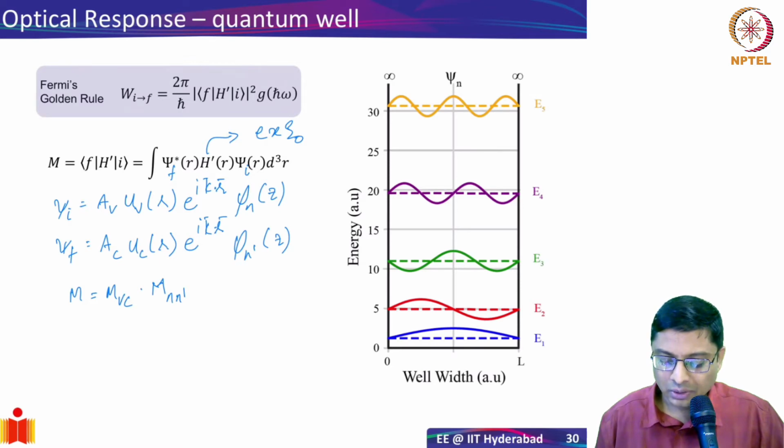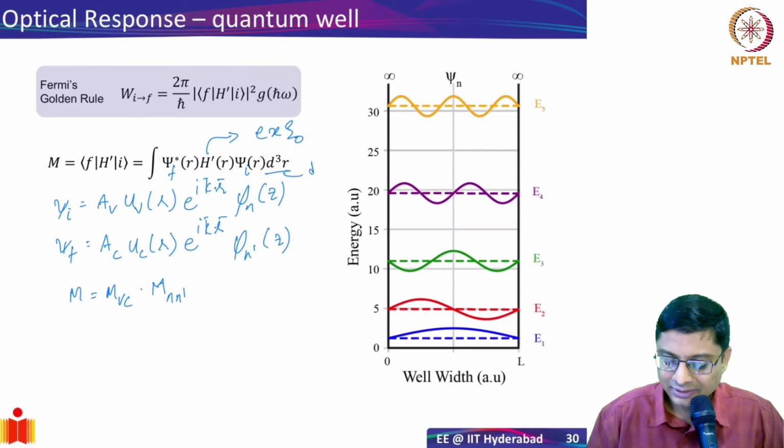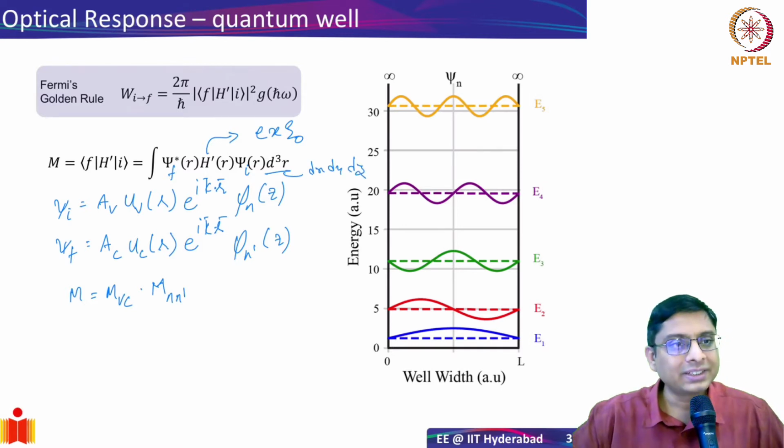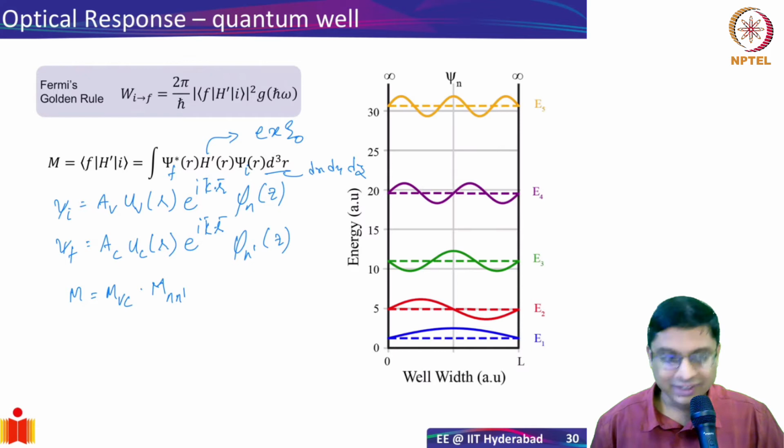Okay. So now my confinement is in the Z direction. And if you put this in, basically this is d cubed q, which means this is basically dx, dy, dz, right? So now I can split the integral into two parts. One is my first, valence to conduction band, which is going to be, let's say, M_CV, having some coefficient c, I'll ignore them.